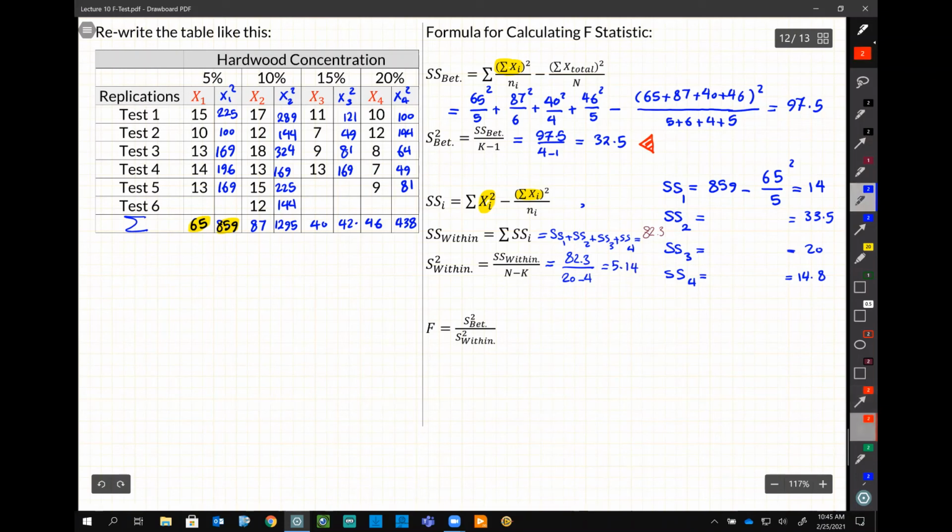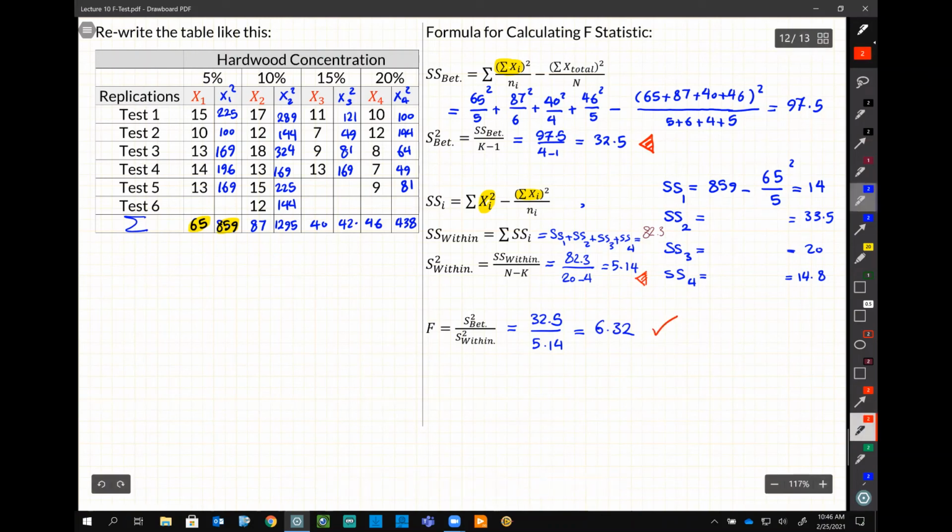So this is our second number. We divide them, 32.5 divided by the variance within groups, 5.14, gives me 6.32. So this is my F.